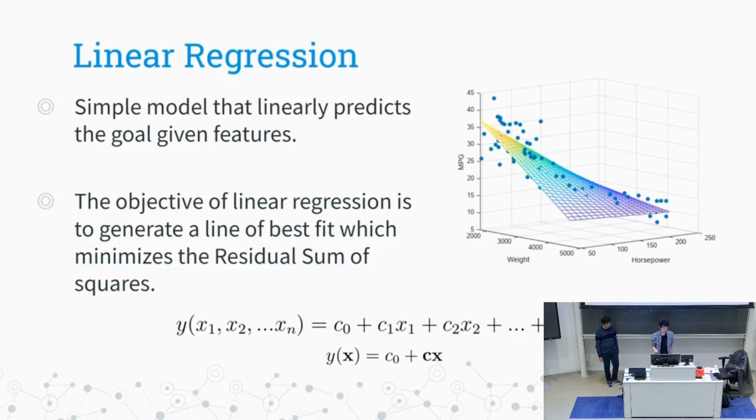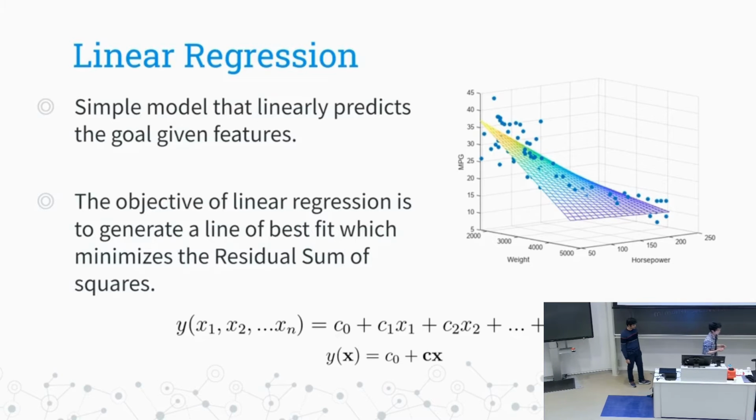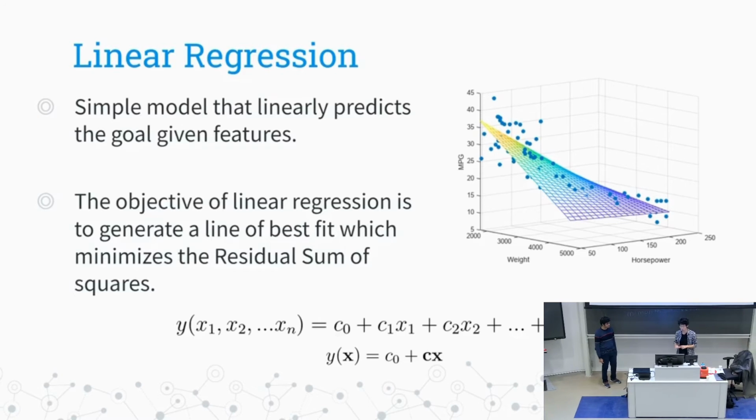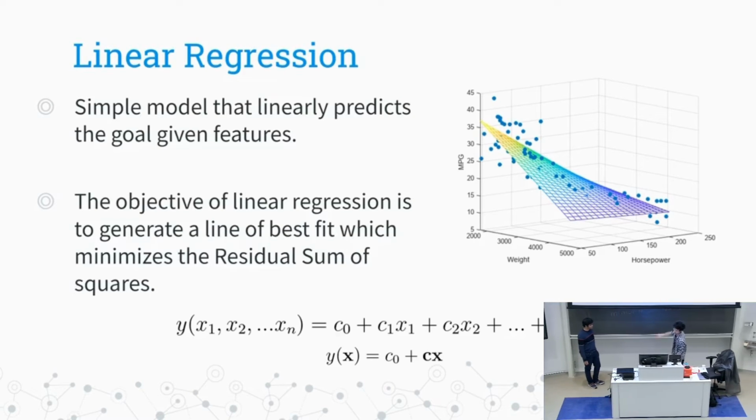How it does it: if x's are the features of an object and y is the output, then C1, C2, and Cn could be the coefficients the linear model tries to learn. And we can also rewrite this in a linear algebra form where bold x is the vector, and then we do a dot product.